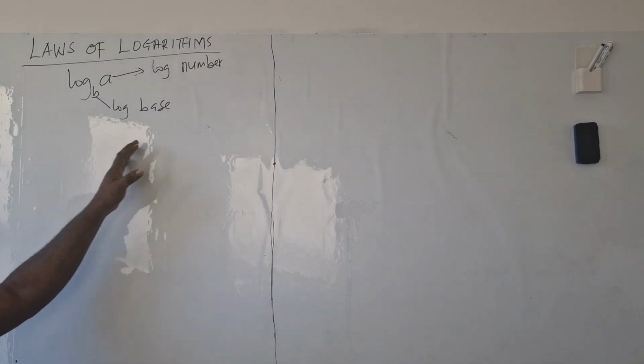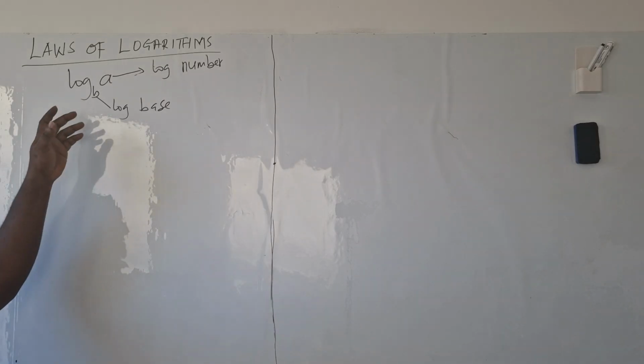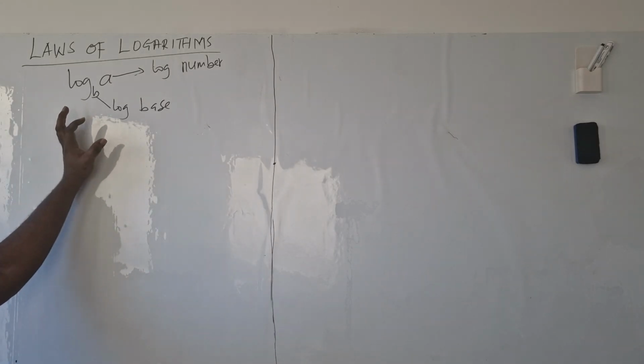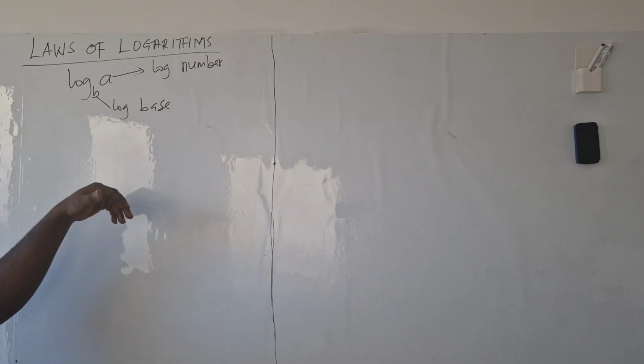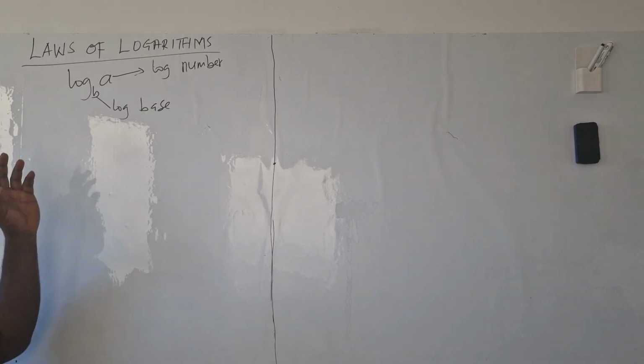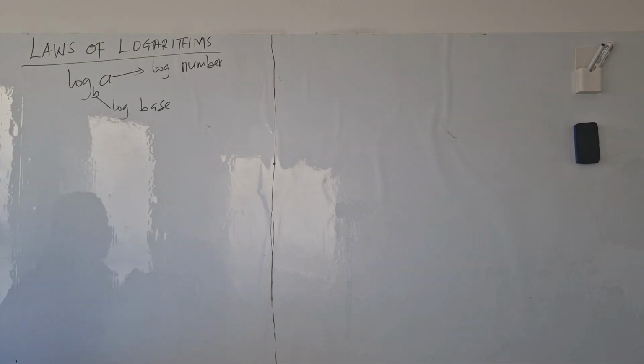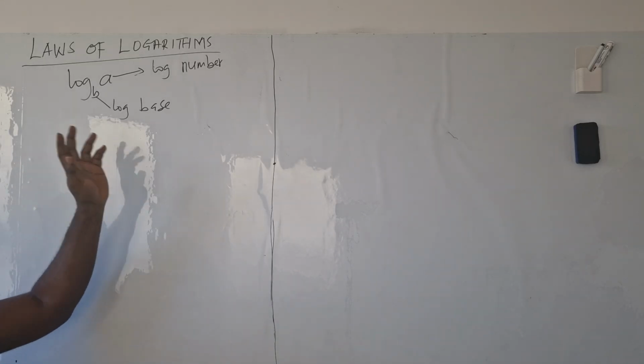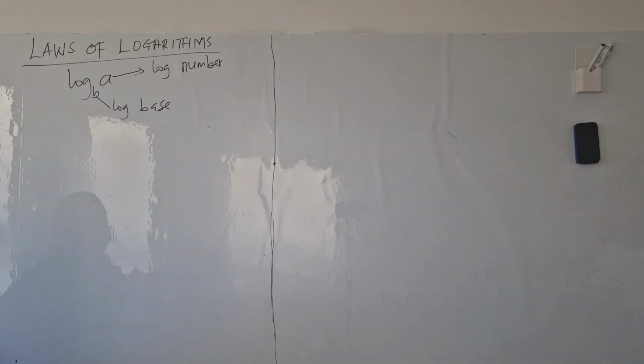We should have these terms in mind because as we move along the laws, you will hear me mentioning them, so you should know what the log base is and what the log number is.